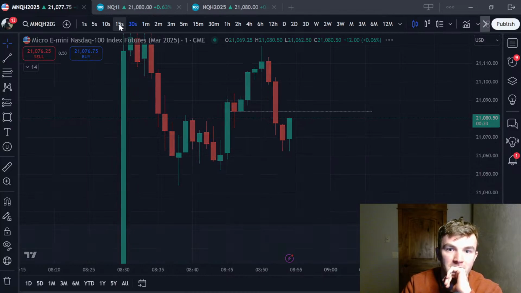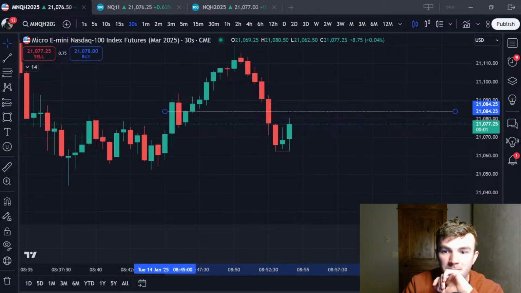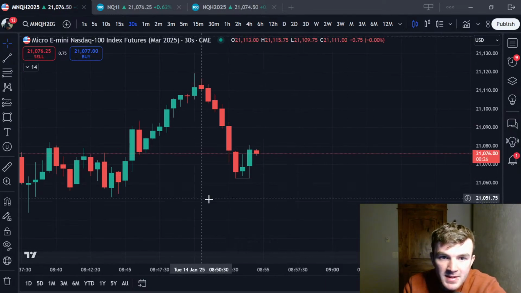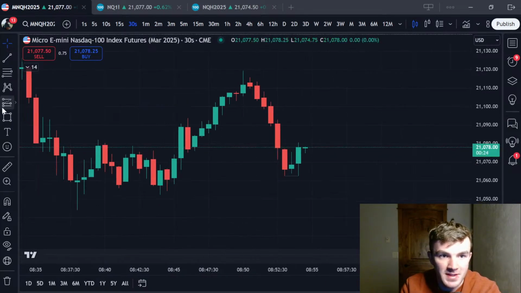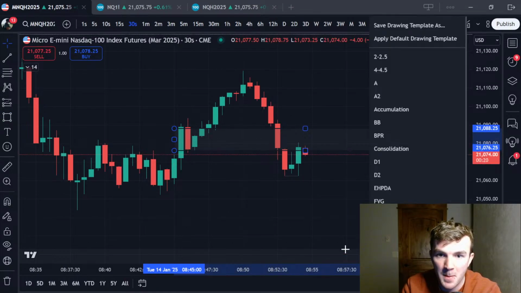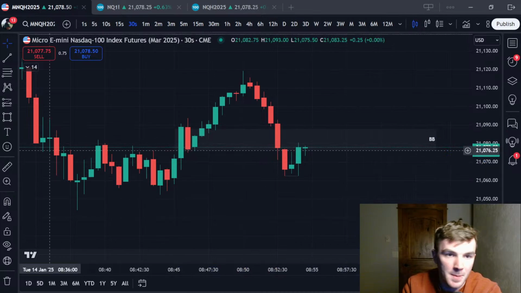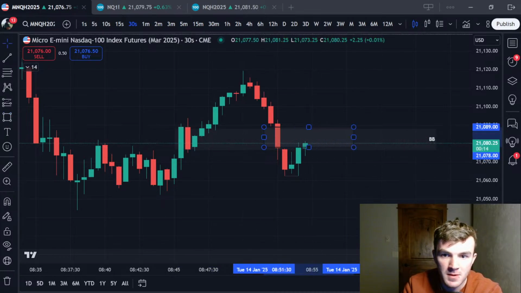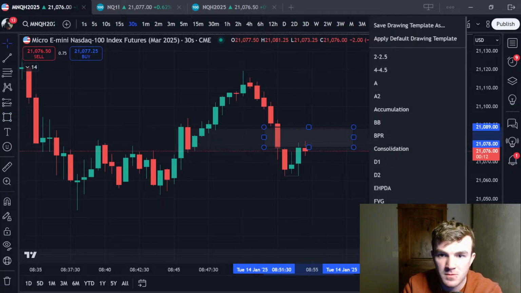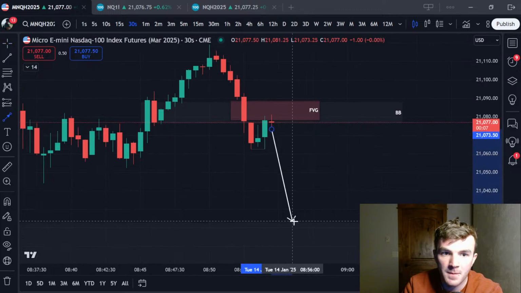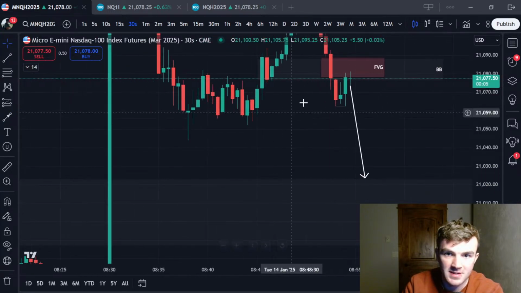Zoom back out. Okay, here you go. I think right now this breaker for value gap's gonna send us lower, personally. I think this is gonna play out here.